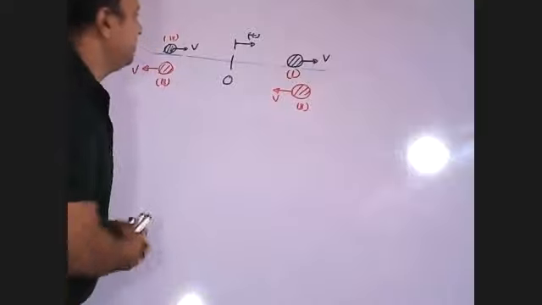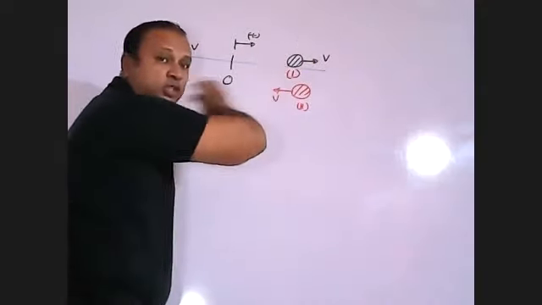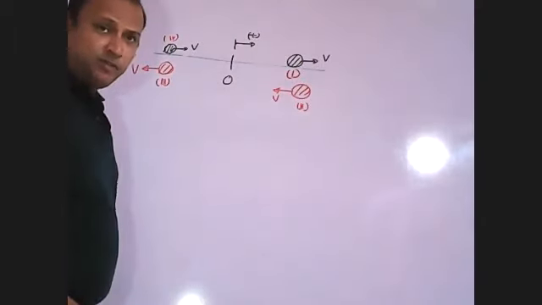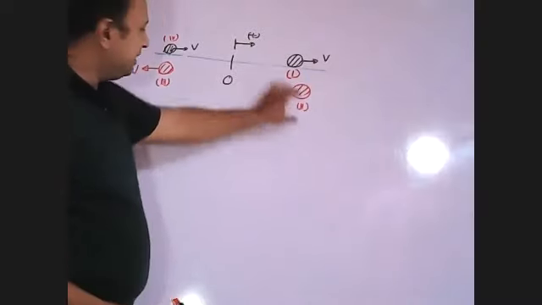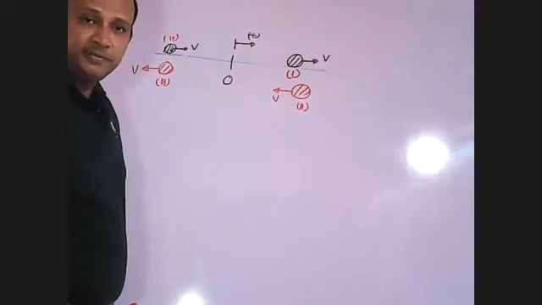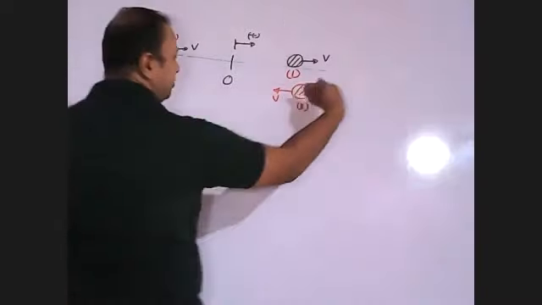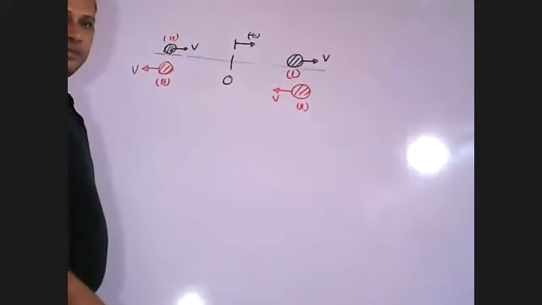You can clearly see, no? It is in the positive direction. Now the ball is moving in the positive direction. In example number 2, what is the direction of moving? Negative direction. Now the ball is moving in the negative direction.